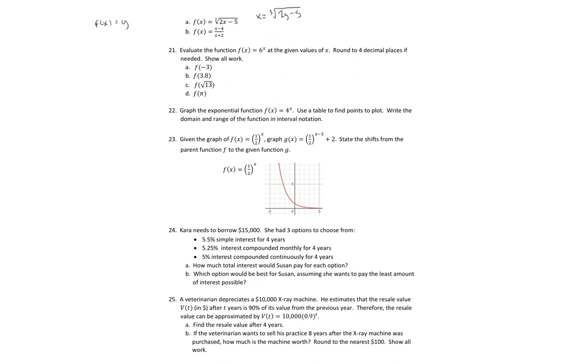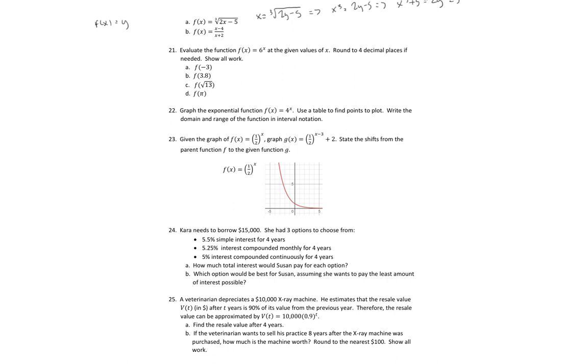And so to get rid of that cube root, we can cube both sides. So then we're going to have x cubed is equal to 2y minus 5. And then we can add that 5 on both sides. So we'll get x cubed plus 5 is equal to 2y. And then we can just divide by 2.